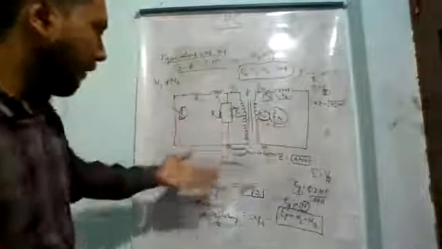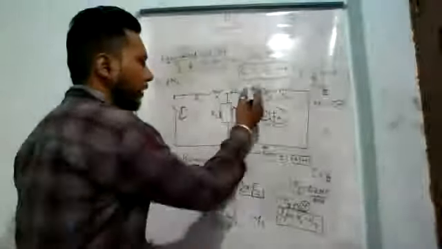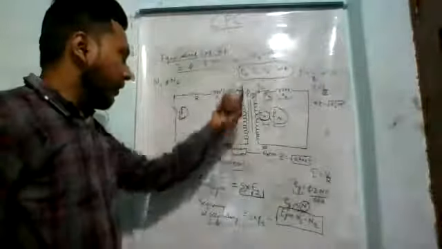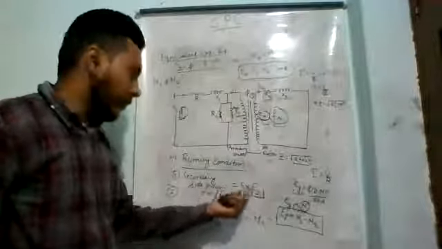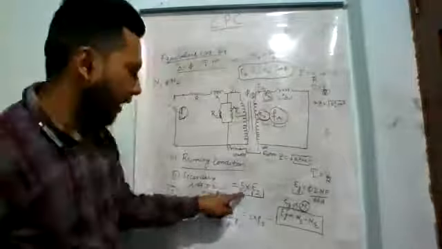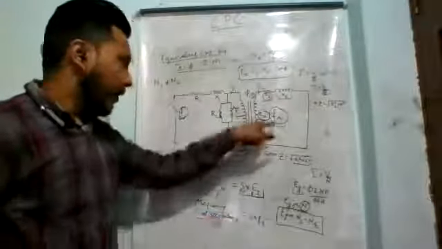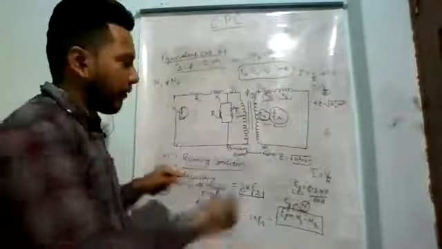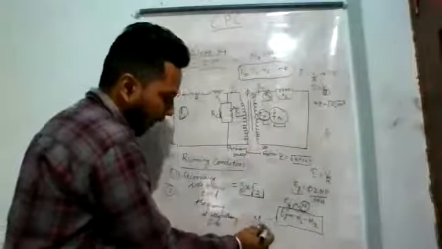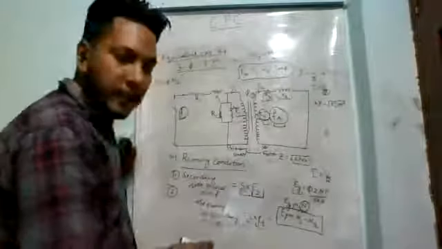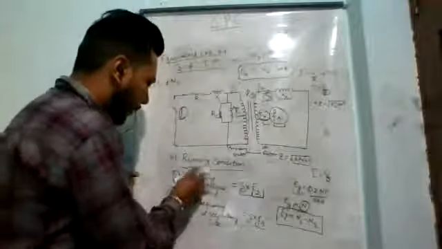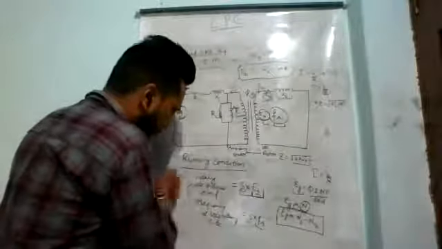But at running condition, the slip comes in at the rotor side. Therefore, we multiply S with each term. Firstly, for the induced EMF, we multiply S with E2. Secondary side frequency is S into Fr, where Fr is the rotor frequency.